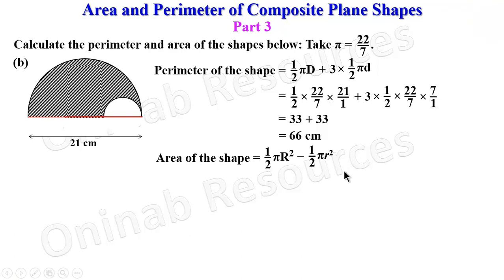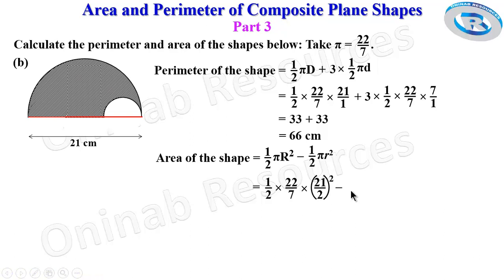We then go ahead to substitute. This is equal to half times 22 over 7, the capital R is going to be 21 divided by 2 all squared, then minus half times 22 over 7. Then to calculate our small r, remember here is 7, so that's going to give us times 7 over 2 all squared.